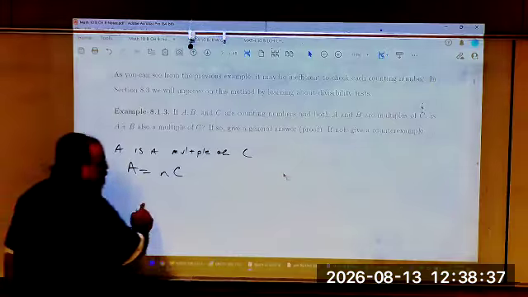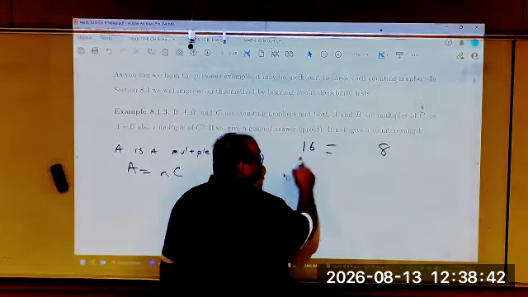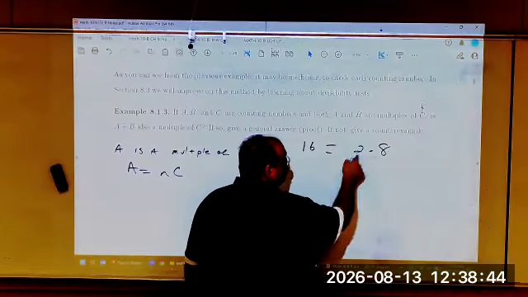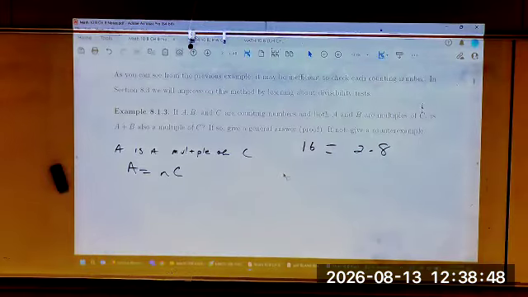So when we had this 16 and C was an 8, 16 is equal to a multiple, 2 times the 8.